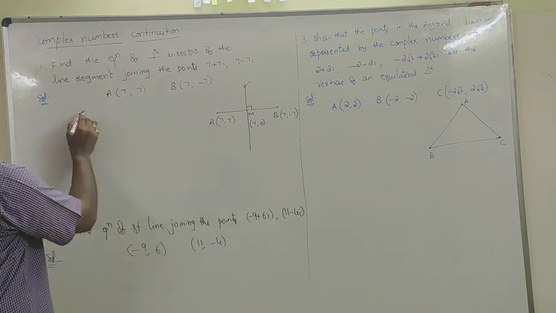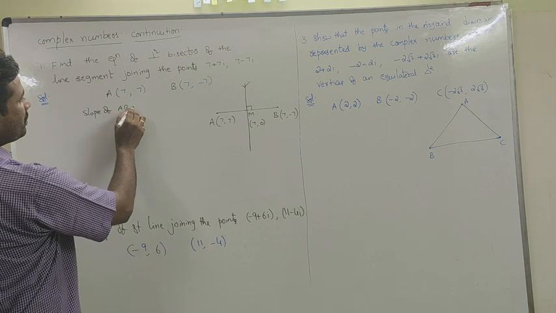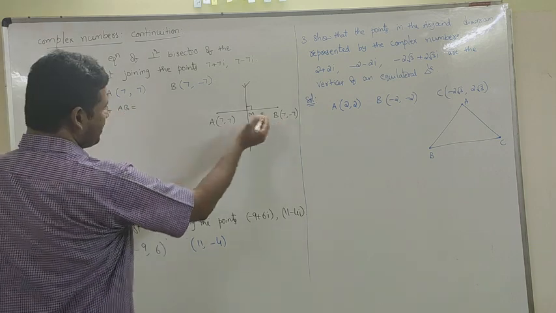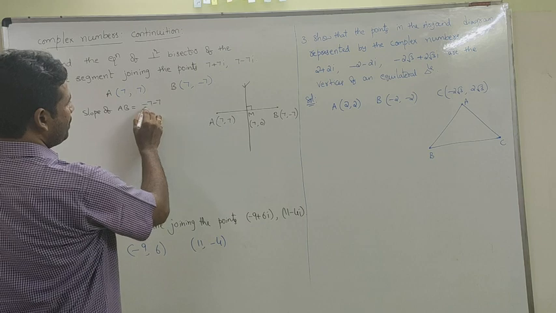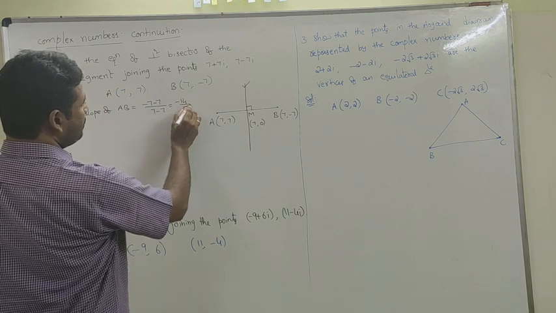What is the slope of AB? Slope of AB is minus 7 minus 7 by 7 minus 7, that is minus 14 by 0.